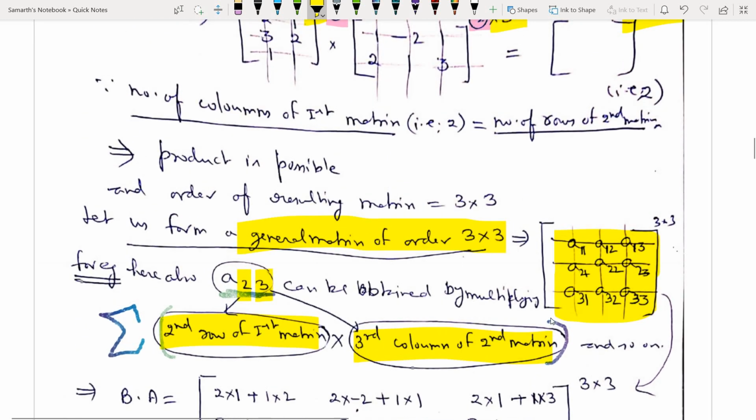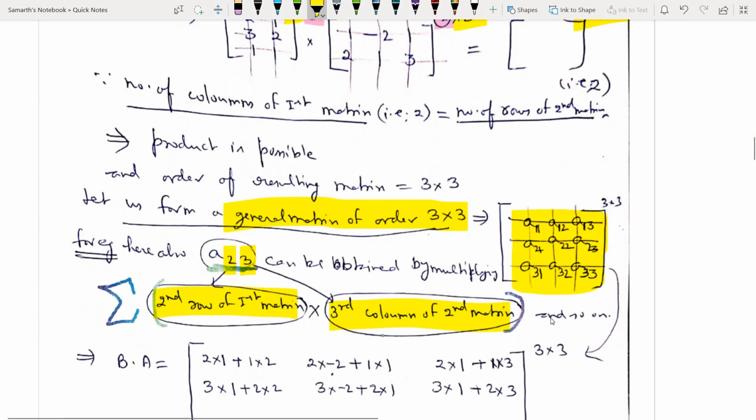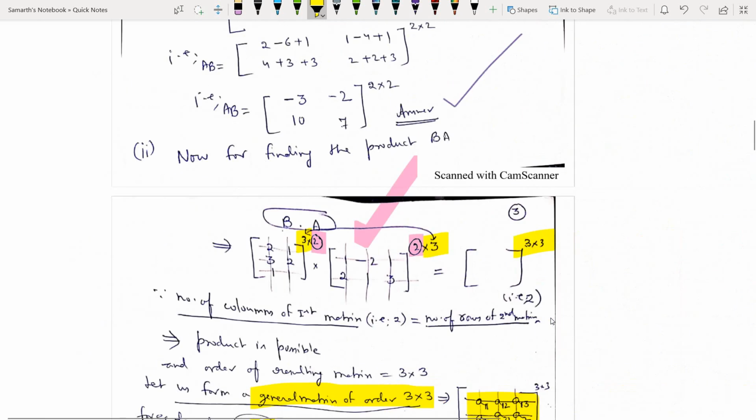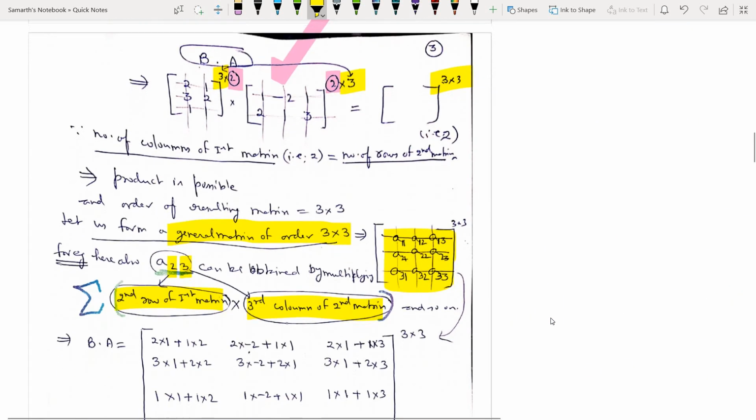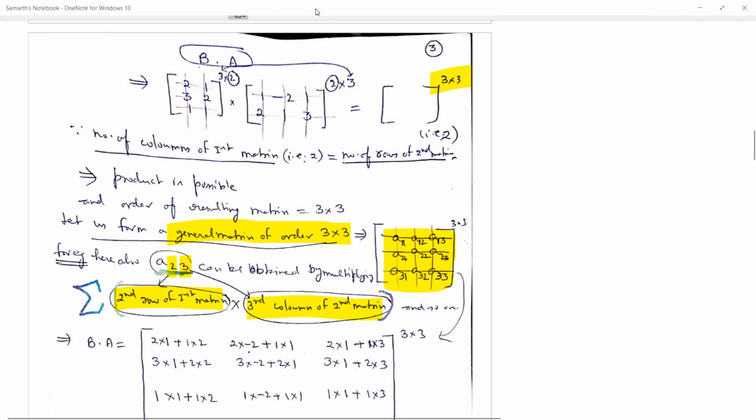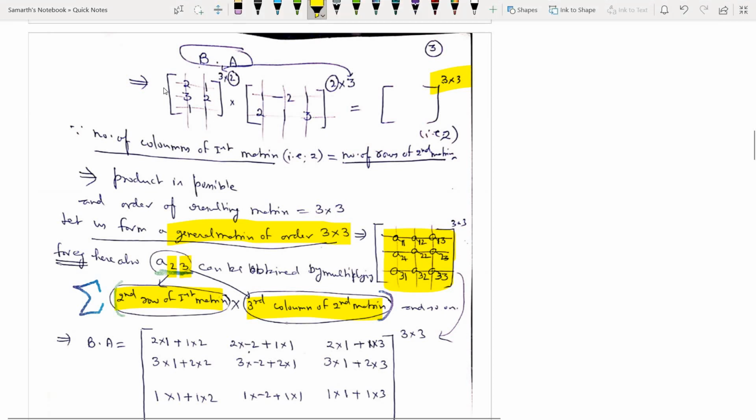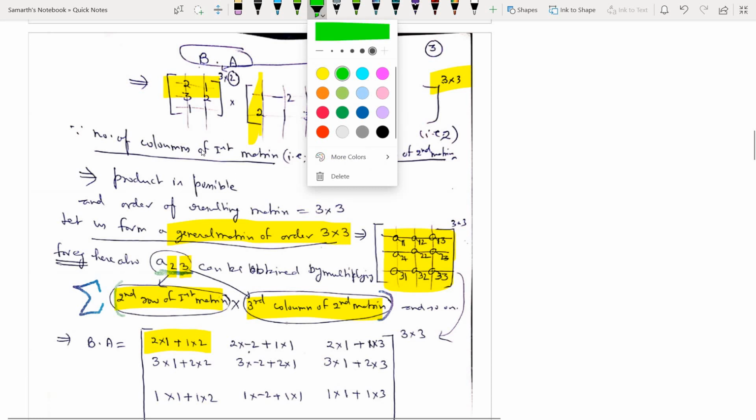A11 can be obtained by multiplying the first row of the first matrix, that is 2 and 1, by 1 and 2. This is the first element which we have got. Similarly, this is the value of A11. Then we will get A12.